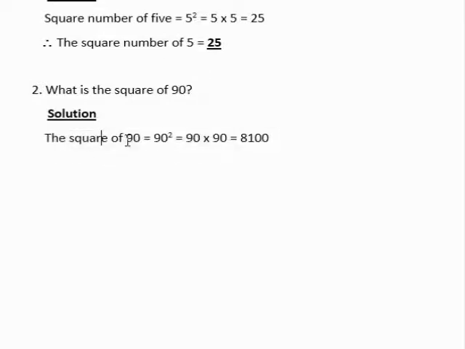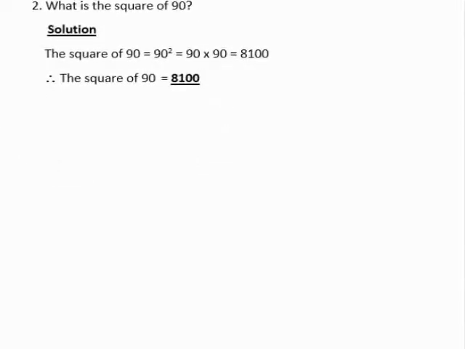The square of 90 is 90 power 2, or 90 squared, which is equal to 90 times 90. You multiply by itself, and thereafter the answer is 8,100. Therefore, the square of 90 is 8,100.